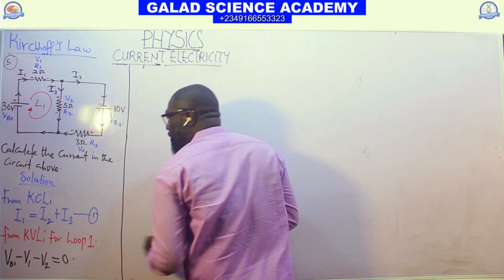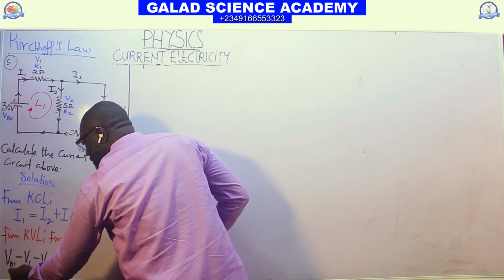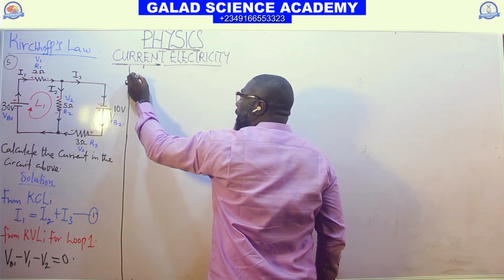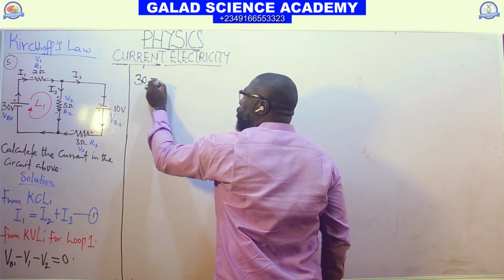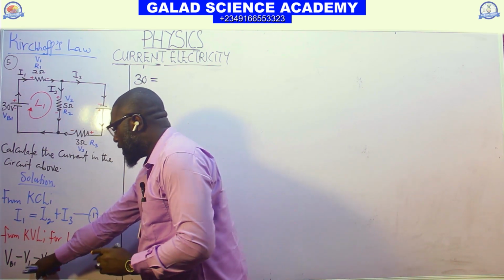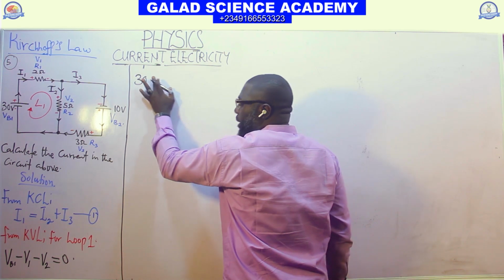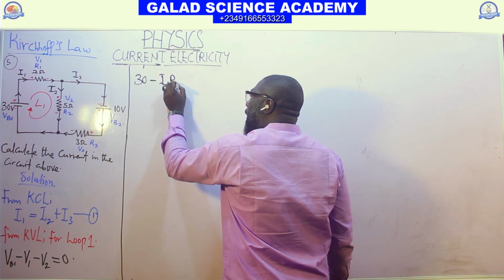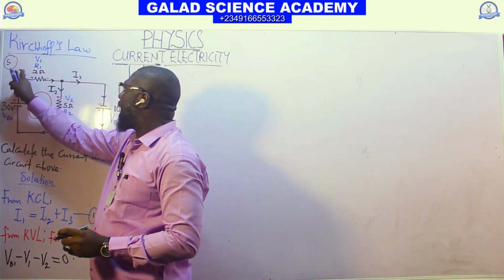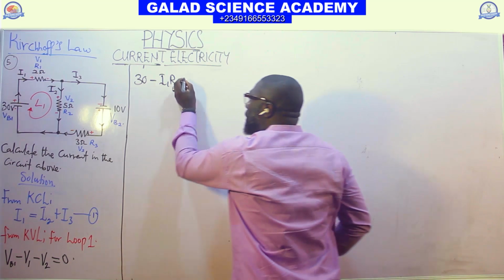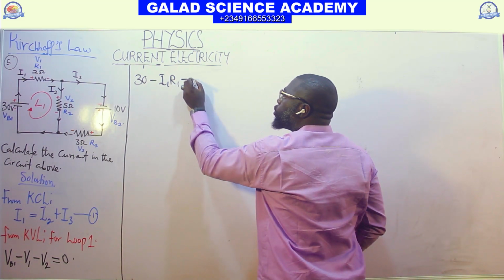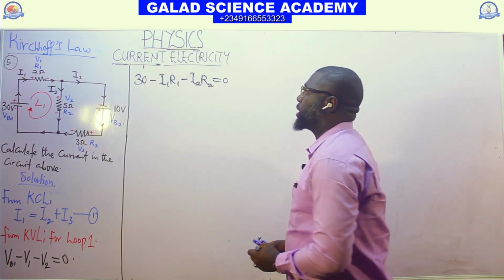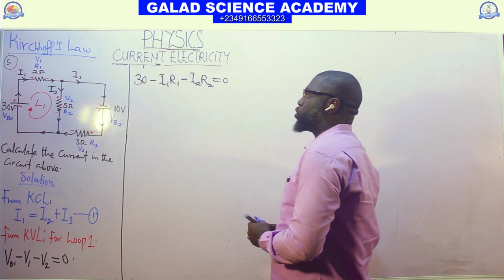So from this expression, this battery V1 is 30. We now have 30 minus V1, and V1 will be I1 R1, you know, from Ohm's law, minus V2 will be I2 R2 equal to 0.